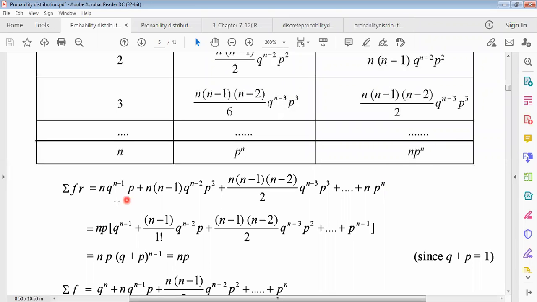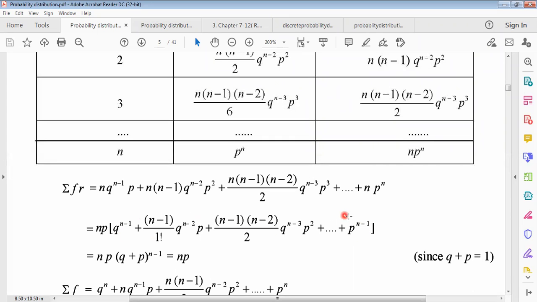If we take np as common, since n and p are present in every term, then we can write q to the power n minus 1 here, and n and p will be gone; we get n minus 1 into q to the power n minus 2, only 1 p from p square, then 1 factorial. And if we take np from the last term, we get p to the power n minus 1, because we had p to the power n, but if one p is common, it becomes n minus 1.